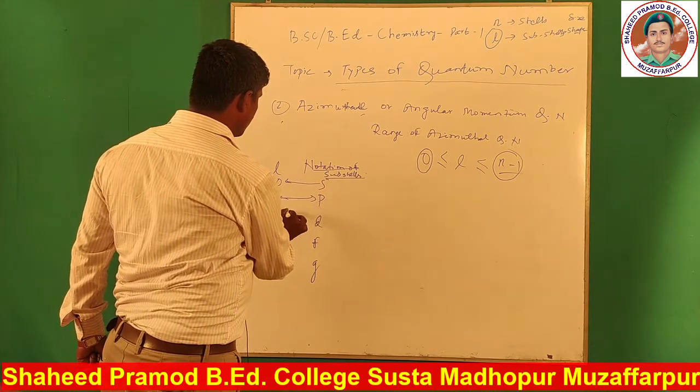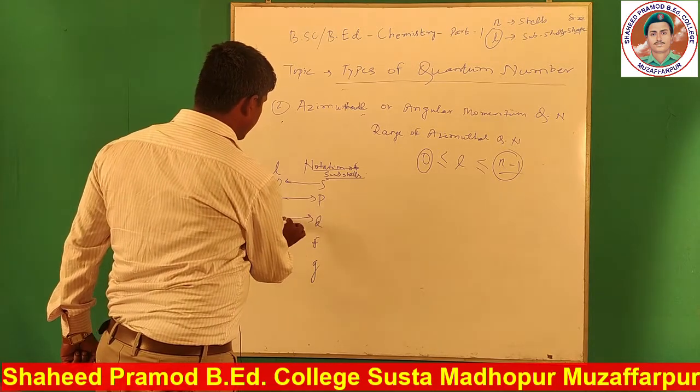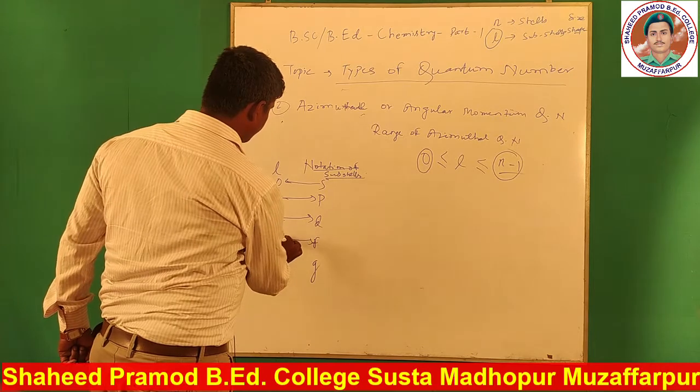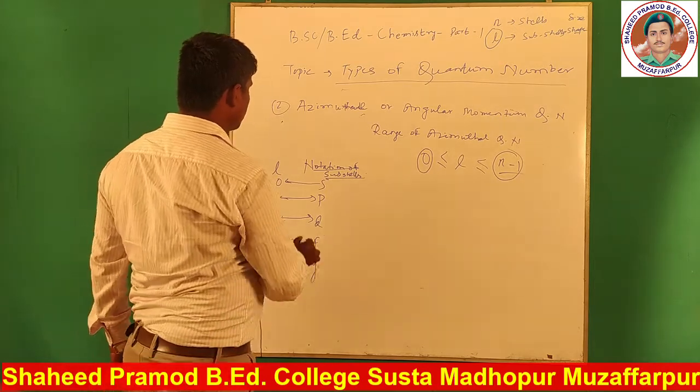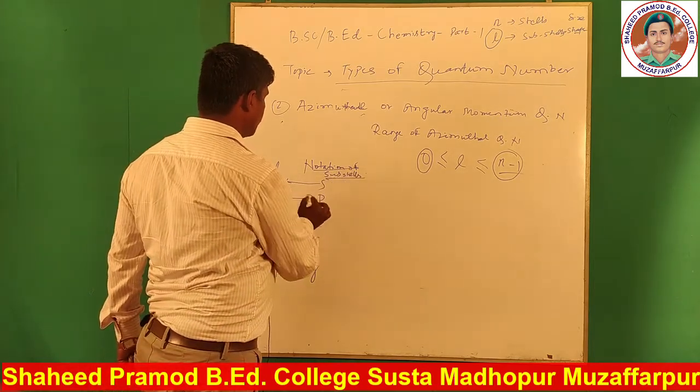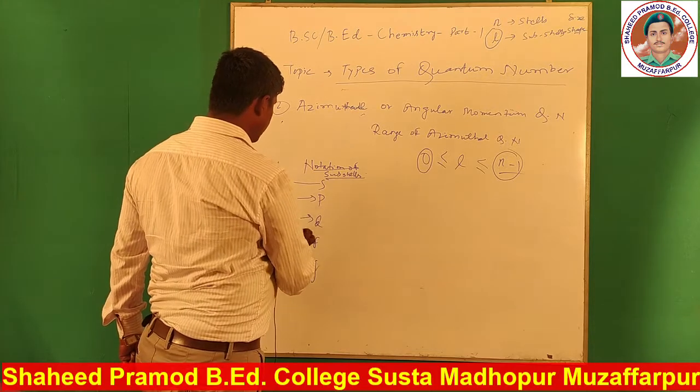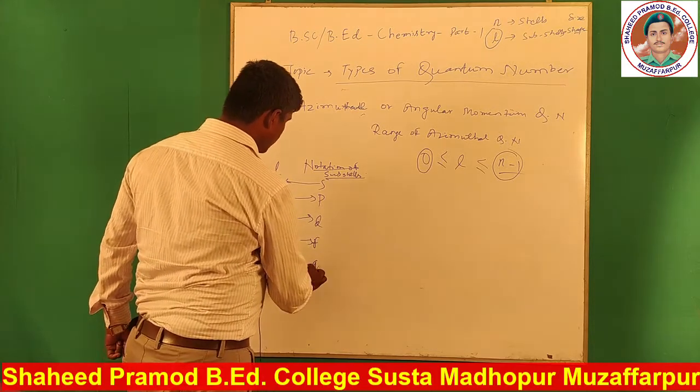When l is 0, there is the S subshell; l equal to 1 is P, 2 is D, 3 is F, and 4 is G.